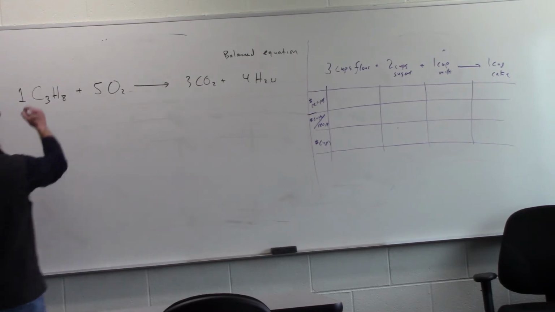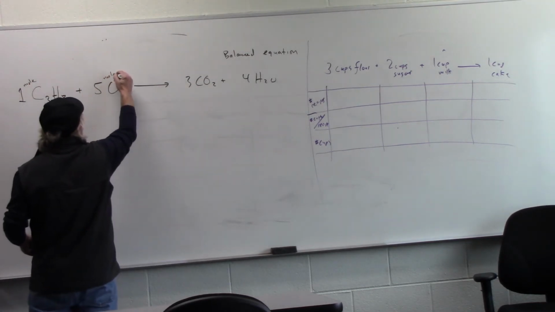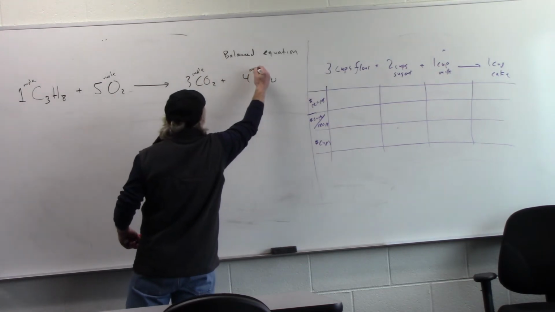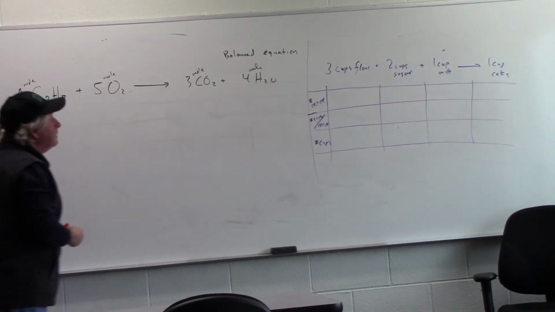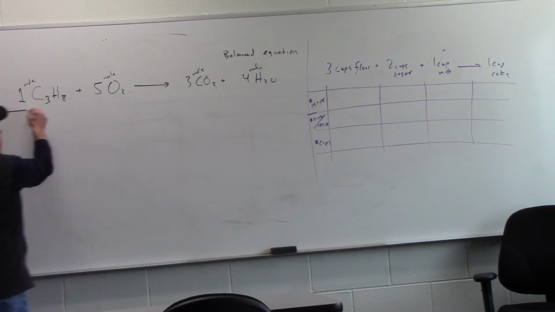So this said 1 mole plus 5 moles yields, and that's how we'll be doing this. Now I can write a similar table.